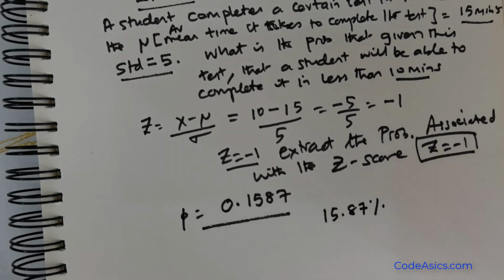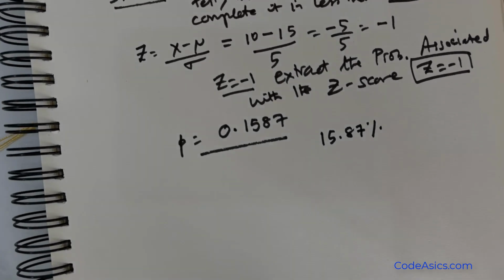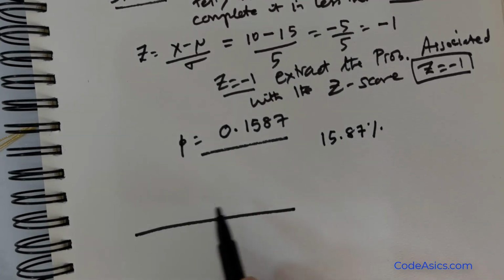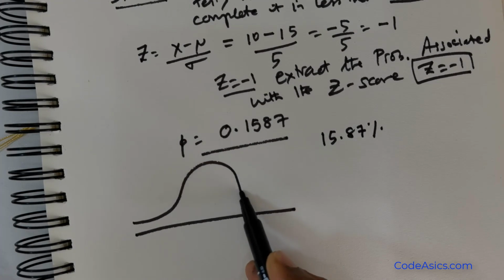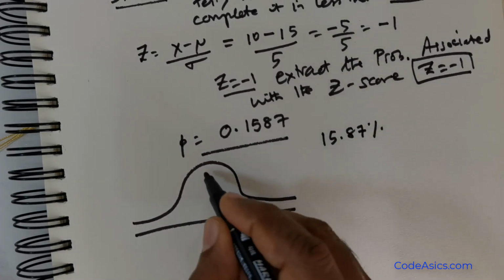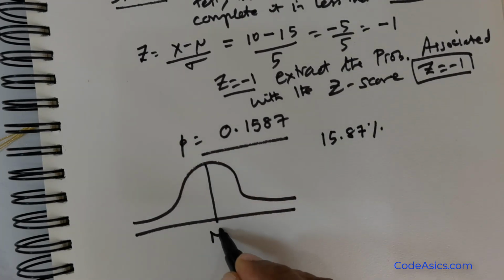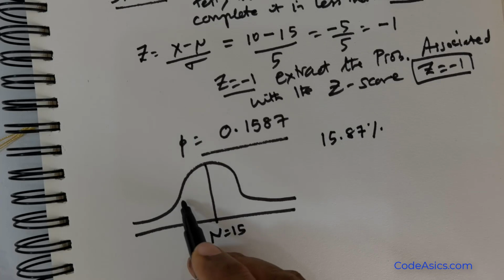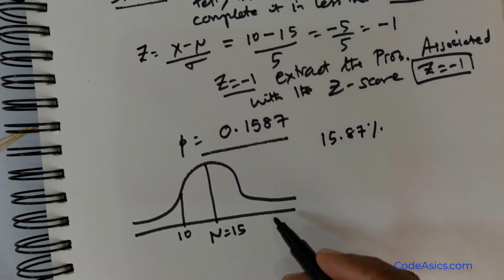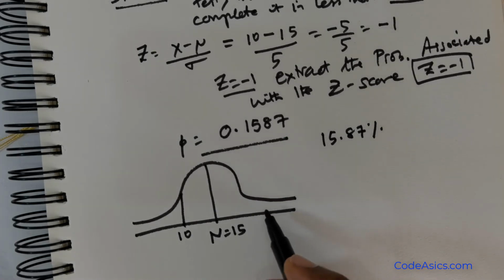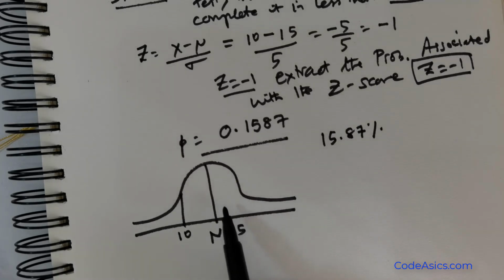So if you have to draw this, let me give you a picture representation. This is going to be our bell-shaped curve. This is mu. Now this mu has a value 15, and over here the observation that we are talking about is 10, and the associated standard deviation is plus 5.